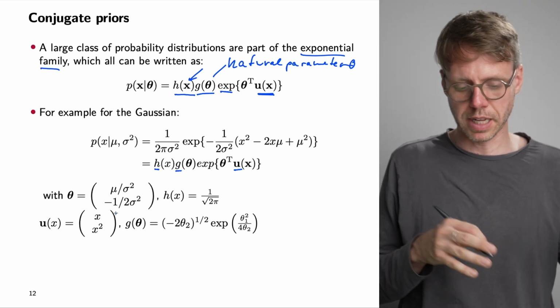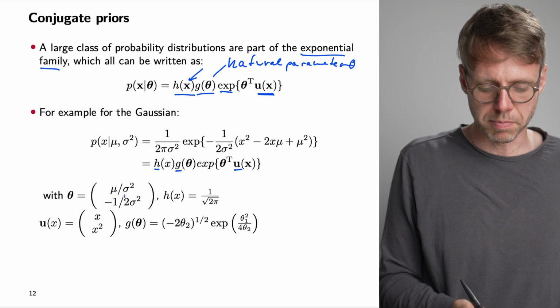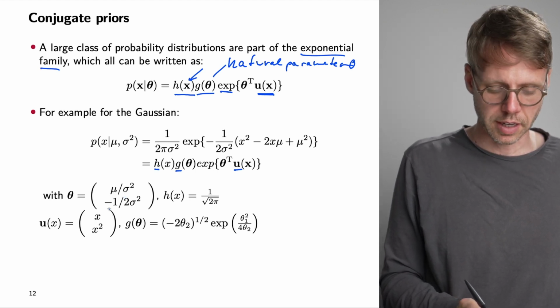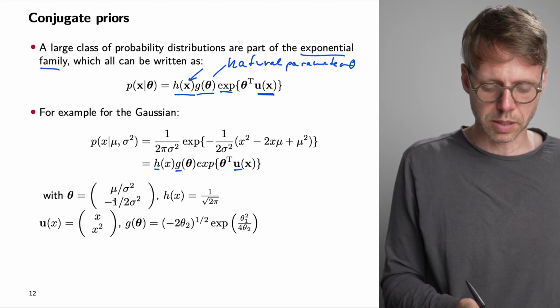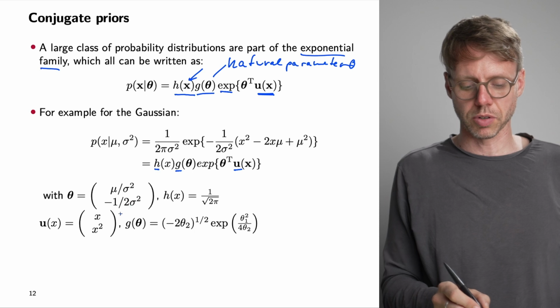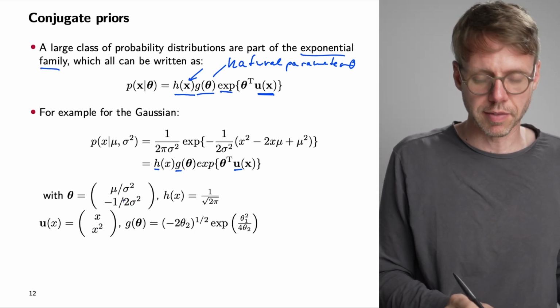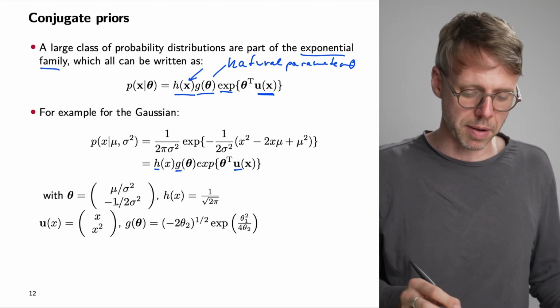They're not equal to the mean and the variance, but rather the first is the mean divided by the variance, and there's a second natural parameter which is given by -1 divided by 2 times the variance. So it's essentially the inverse variance. So we have the mean divided by the variance and the inverse variance as the natural parameters.